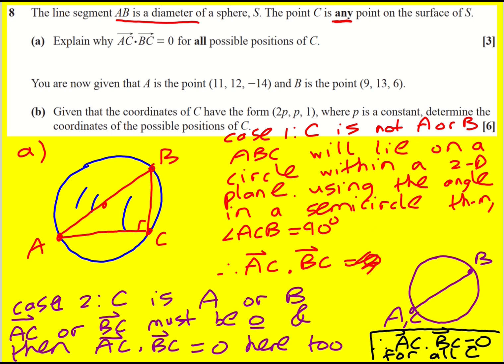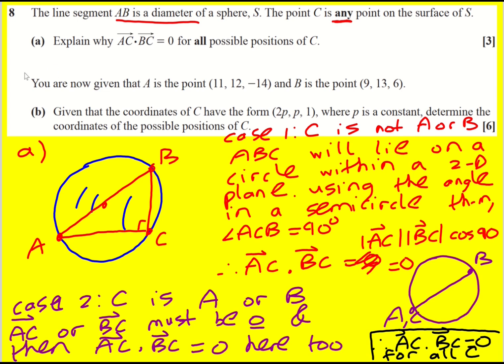It's going to be the modulus of AC times the modulus of BC times cos of the angle, cos of 90. And that is why it's going to equal 0. I feel like I've clarified a little bit more now.